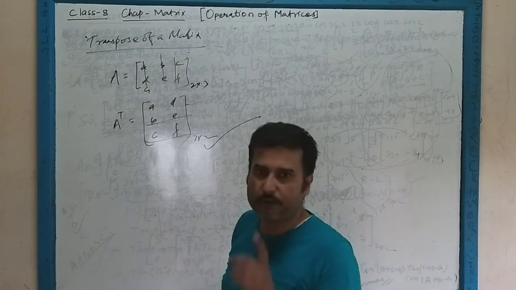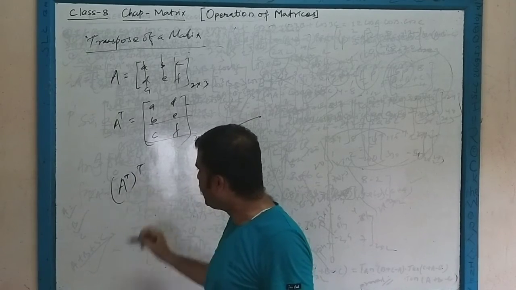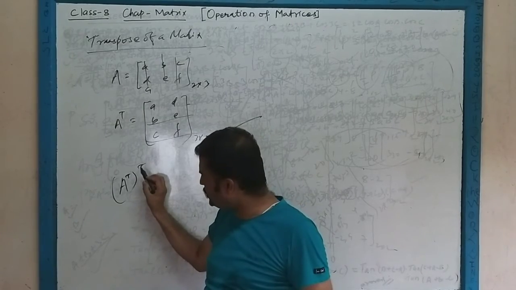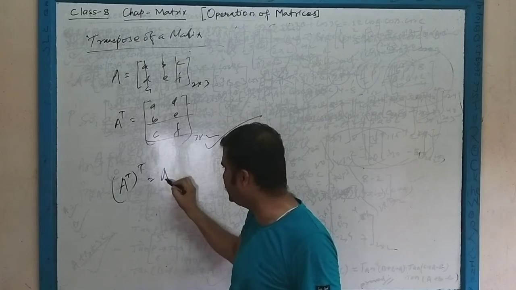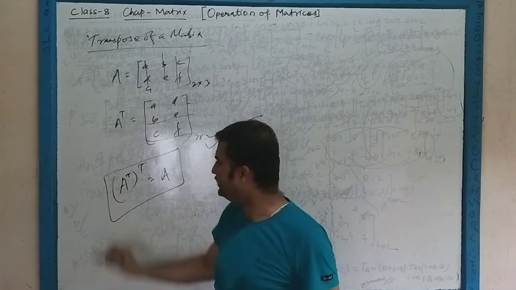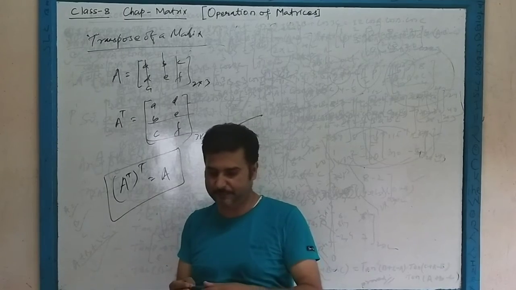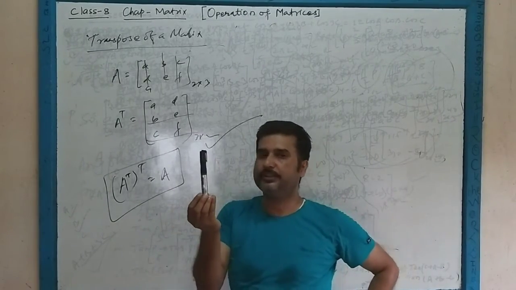Now let's see one more result. My question is, prove that the transpose of the transpose of a matrix is the matrix itself. It's a very simple example. Here I take this marker. See, it is in an upstanding position.